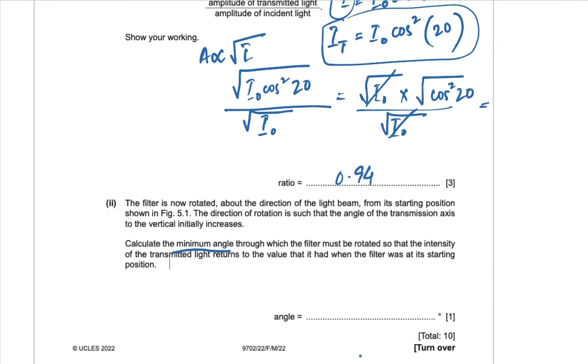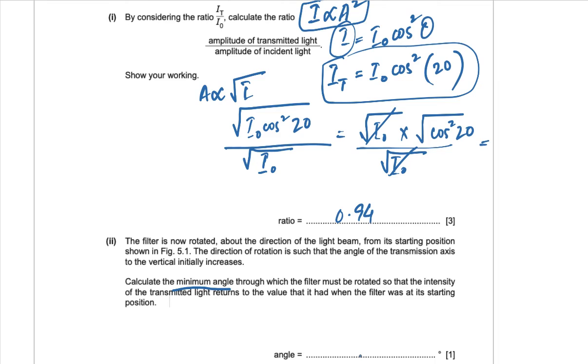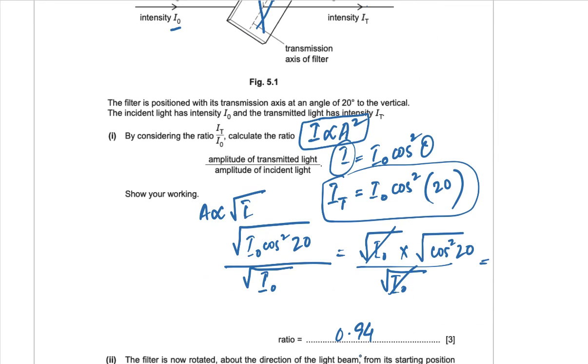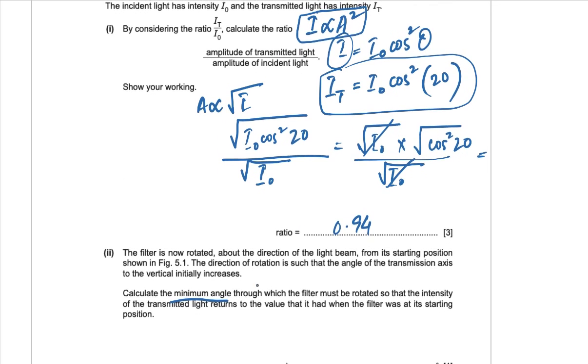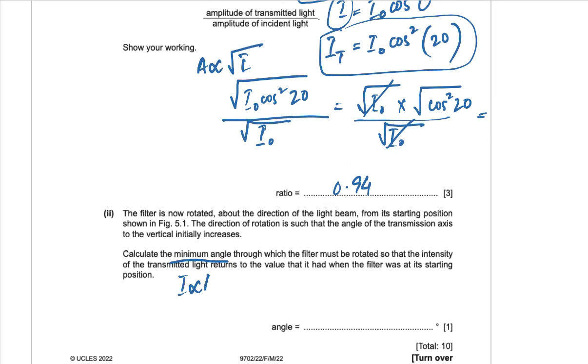All right, so the initial intensity is what we need to find first. We already found the amplitude of the transmitted light. So through this we can find the intensity of the transmitted light because they share the direct proportionality of a square. So this was the amplitude of the transmitted light. This means that the IT, or the transmitted light, had an intensity of 0.94 square.